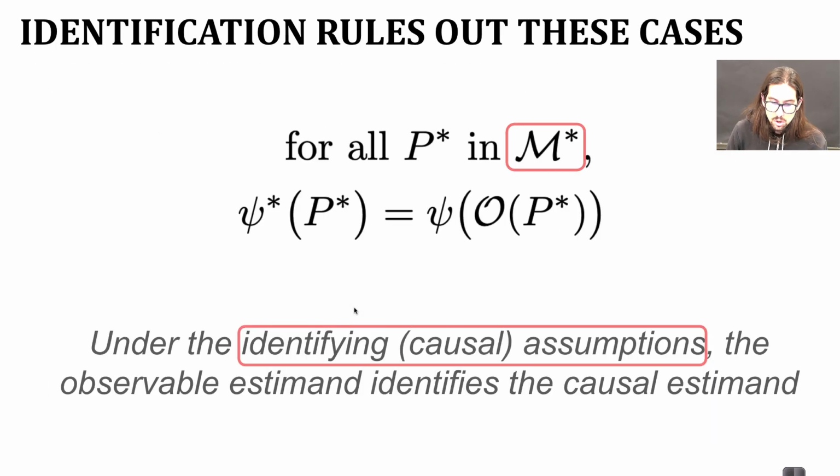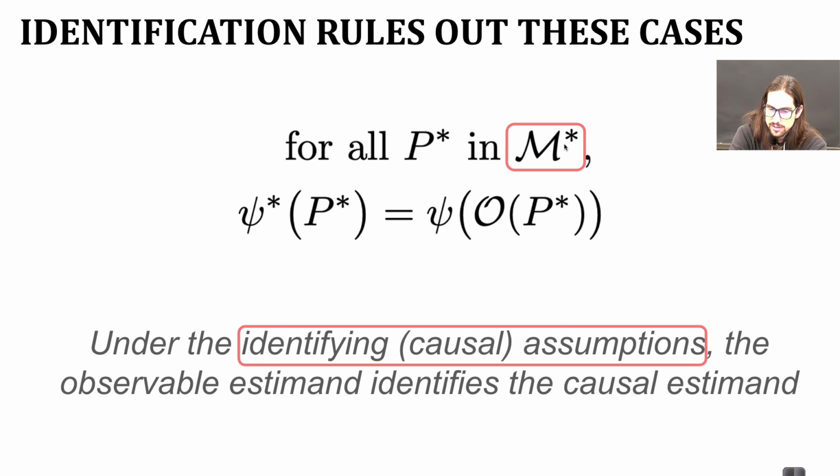Okay, so under the identifying causal assumptions, here's a little bit of notation that summarizes everything that I just said into one little pithy equation, which is nice if you understand what it's saying, but otherwise can be a bit difficult to parse. So think of this as just a summary. Under the identifying causal assumptions, we can write that as a set.